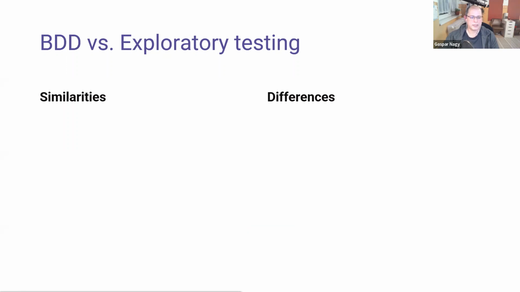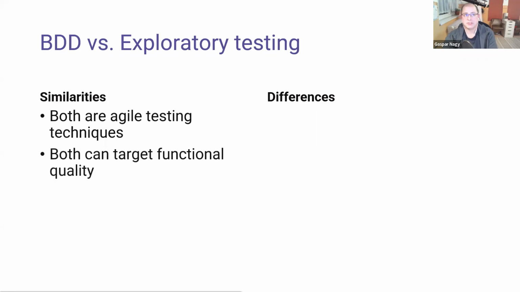The third thing that I want to mention, the one before the last, is how BDD relates to exploratory testing. I hope that many of you have heard about exploratory testing. It's a great testing technique, and Elisabeth Hendrickson's Explore It book is a very good source for learning about it.